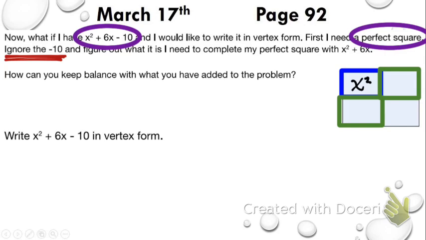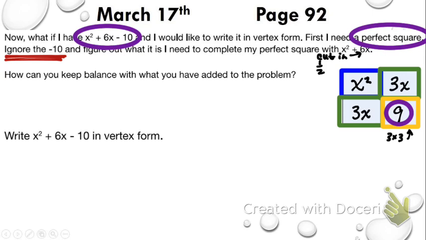X squared, 3x, 3x, because we always take this guy and cut it in half. So I need what? 9. 3 times 3 gives me 9.